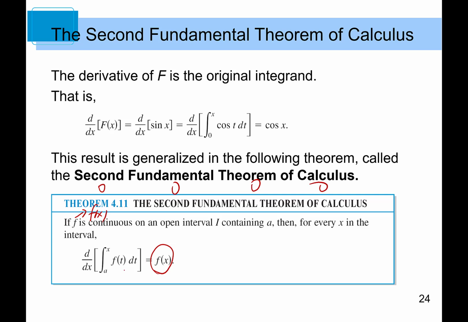Basically you just replace, because the derivative and the antiderivative cancel each other, right? And replace t with x, and you end up with the final answer.